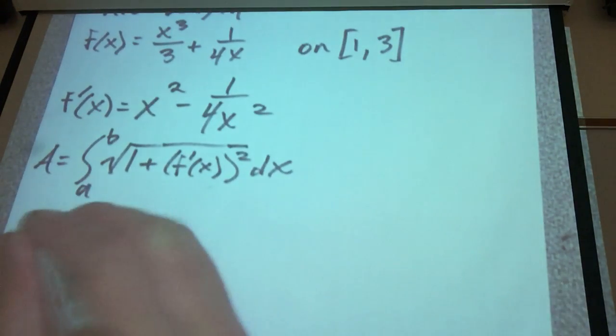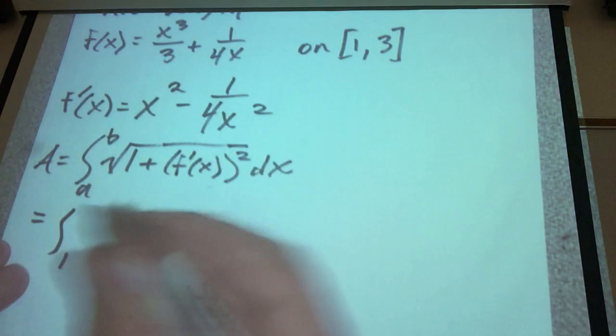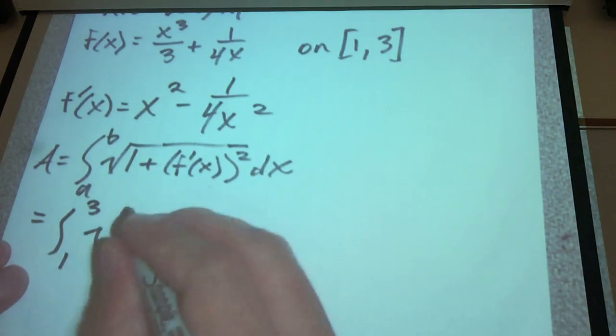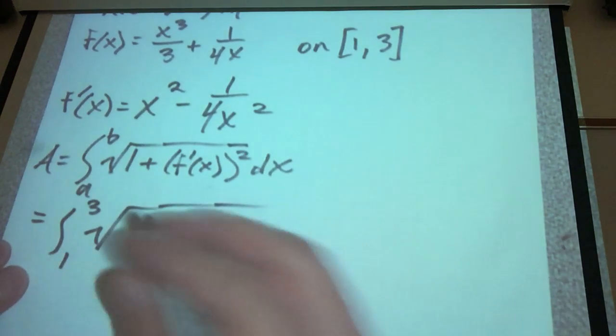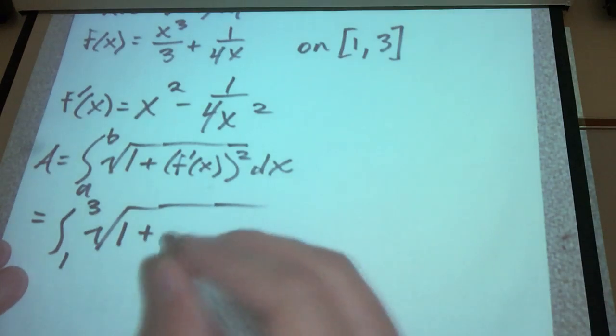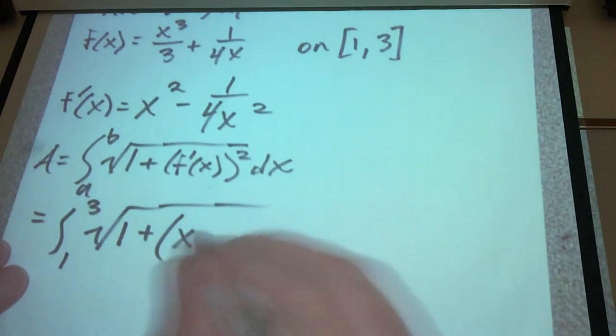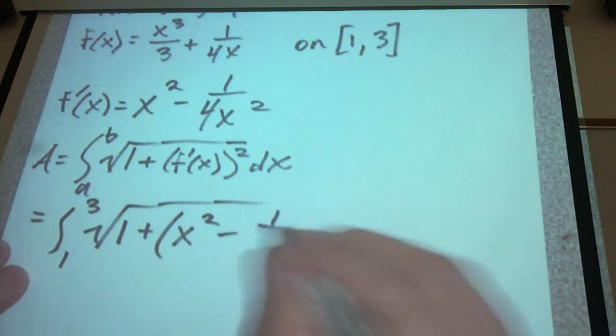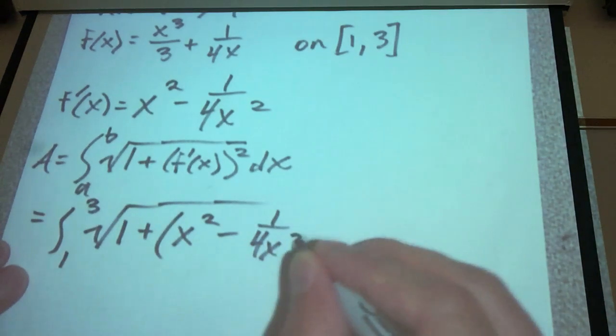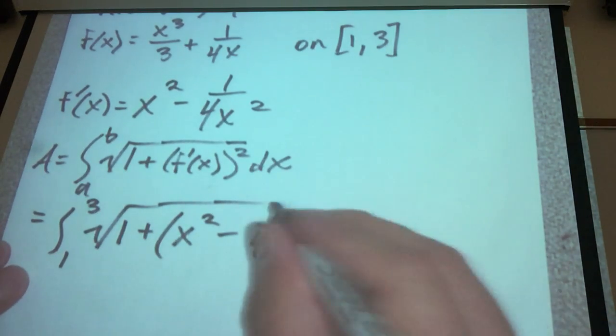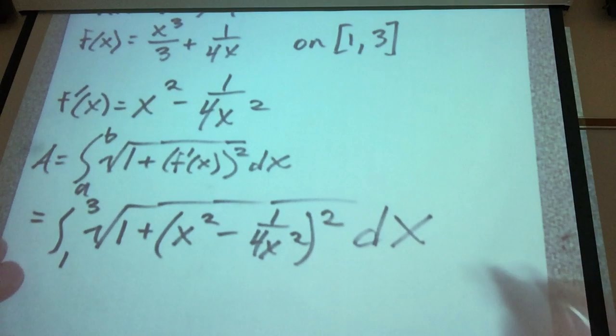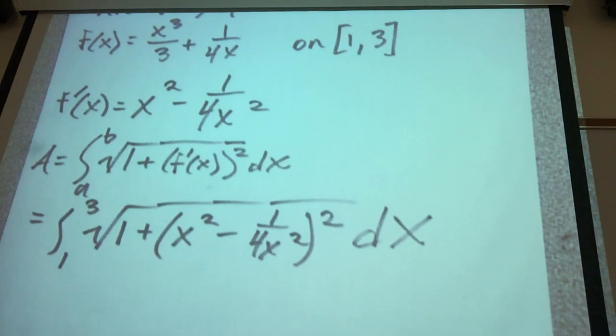So that would become the integral from 1 to 3 of the square root of 1 plus, now this would be x squared minus 1 divided by 4x squared, squared, and this is an integral with respect to x. And so what would this become?